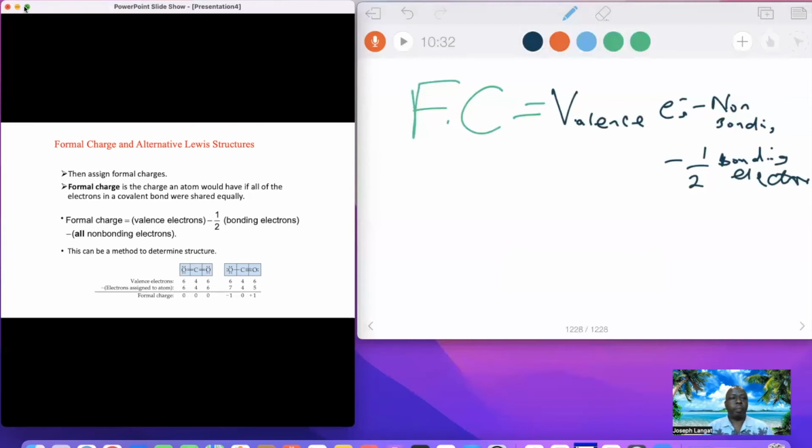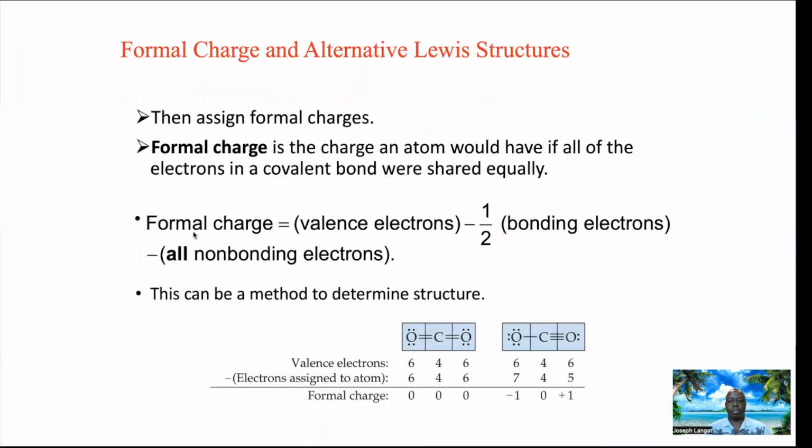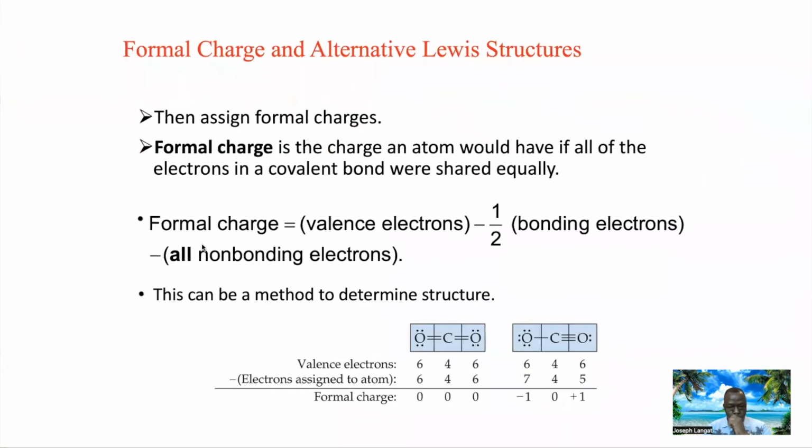A good example here is carbon dioxide. If we are to assign the formal charge to each element in carbon dioxide, we will look at the first oxygen, carbon at the center, and then the second oxygen.